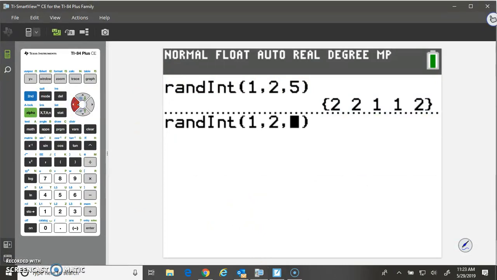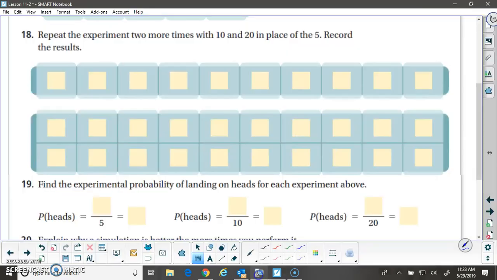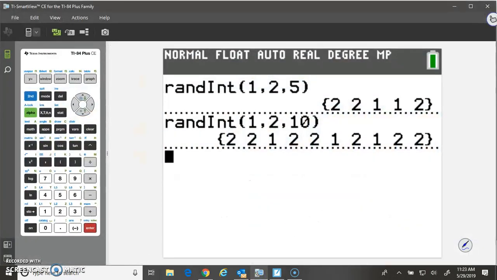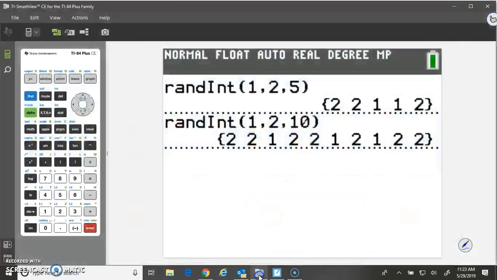so I'm going to do it for 10 outcomes here, and we get 2, 2, 1, 2, 2. Then we get 1, 2, 1, 2, 2. Okay, I'm going to do this one more time. This time we're going to do it for 20 times, not just 10, but 20.